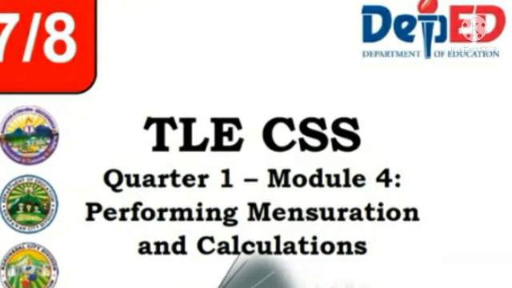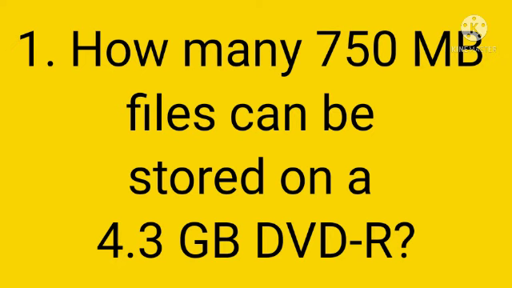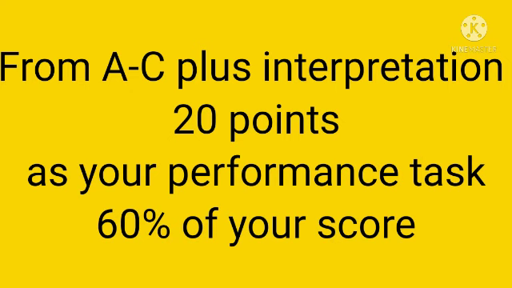You must follow the procedures on how to convert and how to compute binary numbers. Number 1, how many 750 MB files can be stored on a 4.3 GB DVD-R? You must compute from A to Z plus you interpret. So the score is 20 points as your performance task.